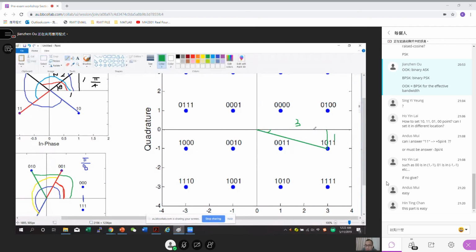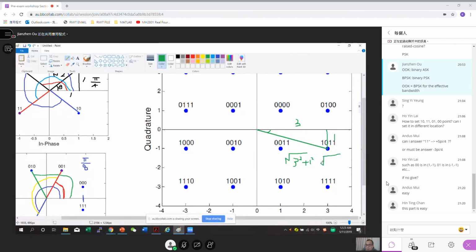So the magnitude from here to here is easy, because it's a trigonometric calculation. It becomes 3 squared plus 1 squared, so it's a square root.